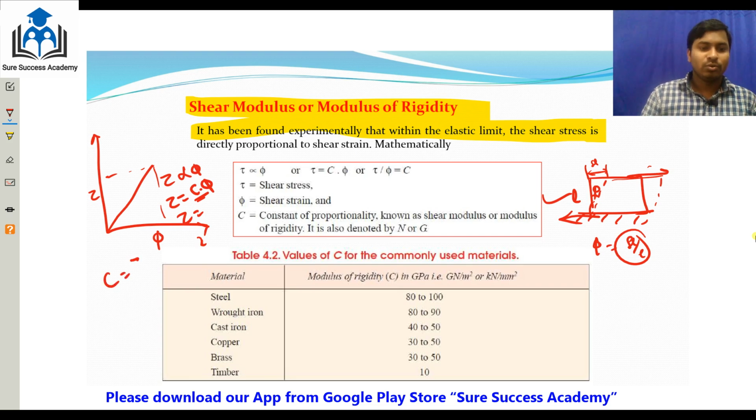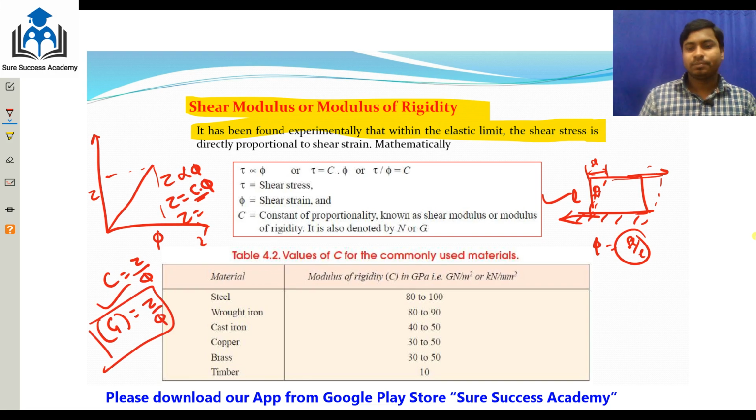C is equal to shear stress by shear strain, or you can call it G, also the modulus of rigidity. In that way we can do that.